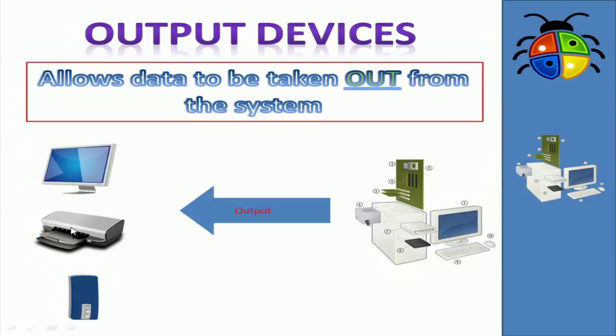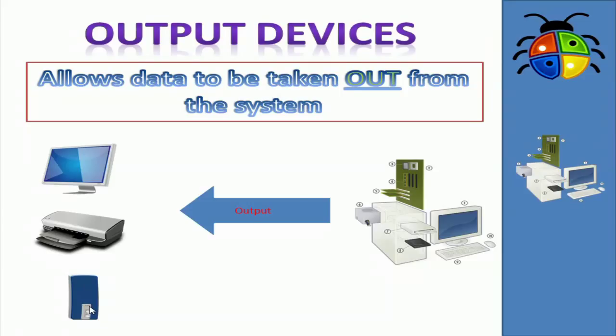The printer can take data from inside and copy it onto paper. And likewise, a speaker can take the data in here and put it out into the medium of sound. So these are taking data from the system and putting them out into the real world to some extent.